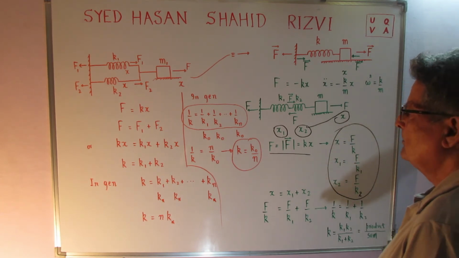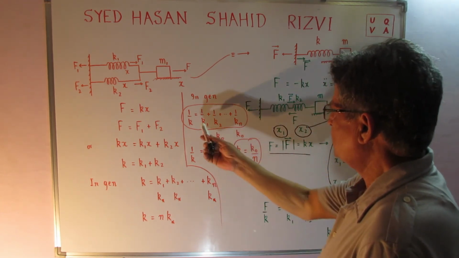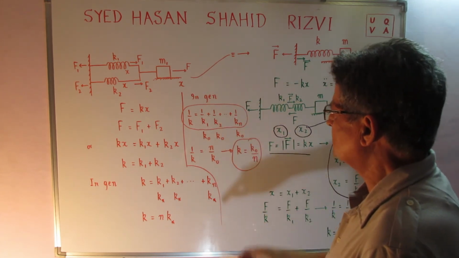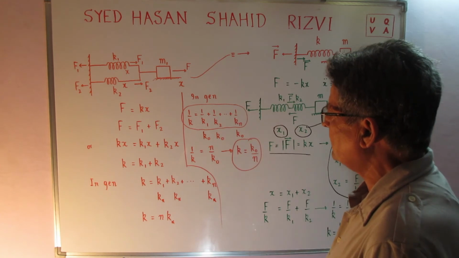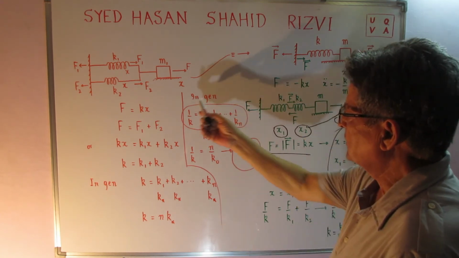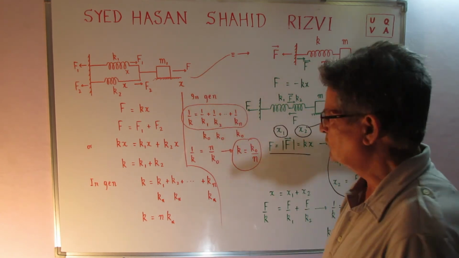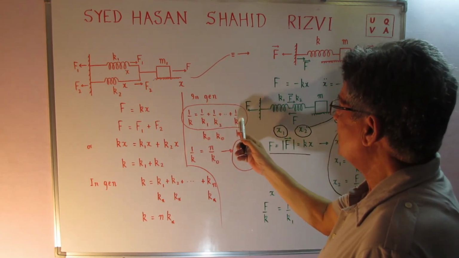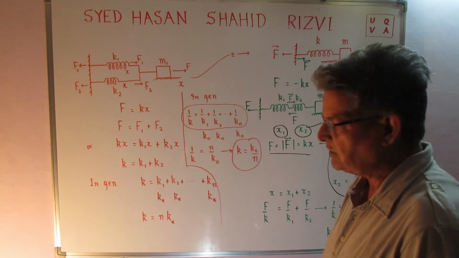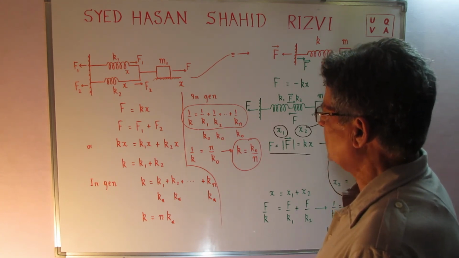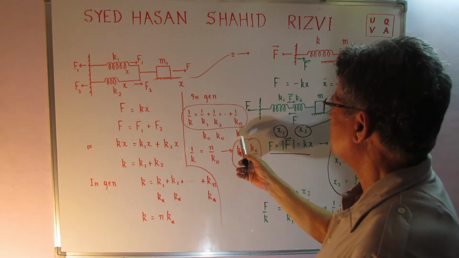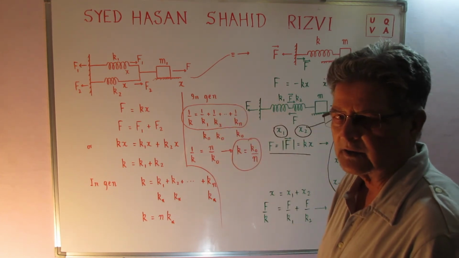If in general we have n springs and their force constants are k1, k2, up to kn, then we get an equation of this kind, which we have to solve. If all these springs are similar to each other, out of the same bundle, of the same length, then every one of them has a spring constant k0.